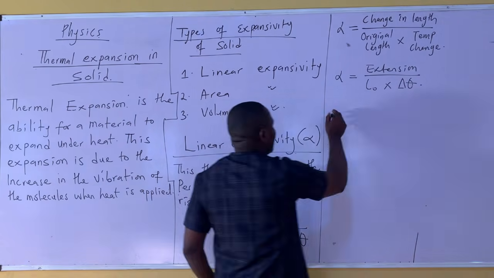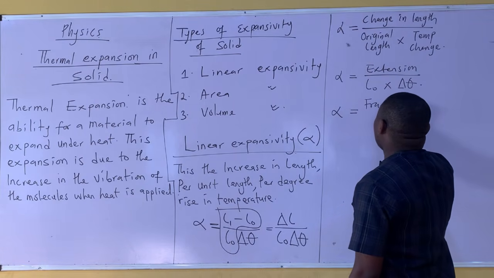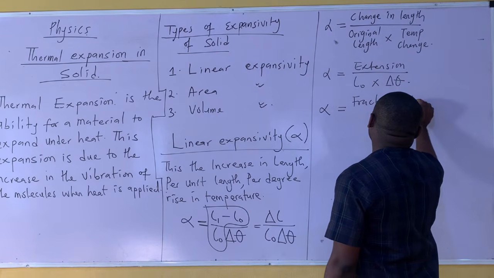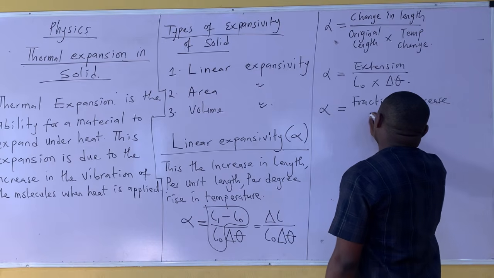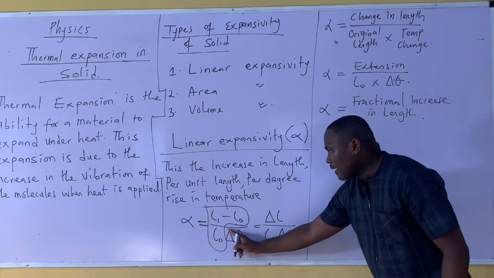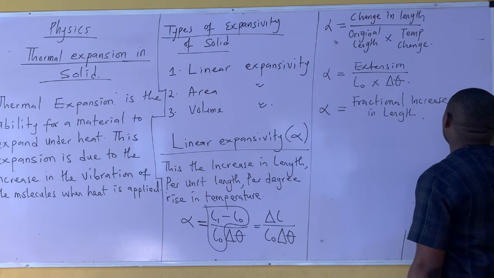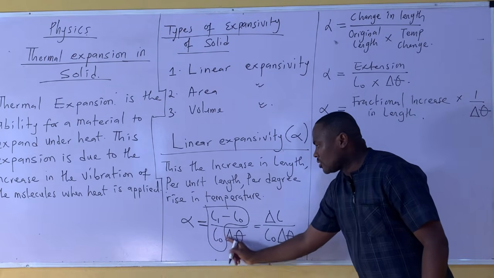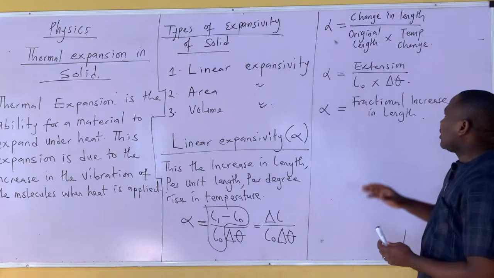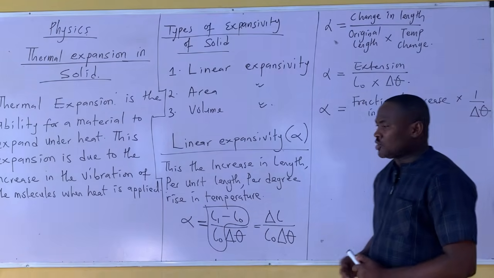So linear expansivity is equal to fractional increase in length, then times 1 over change in temperature. All of these are possible ways that this formula can be expressed.